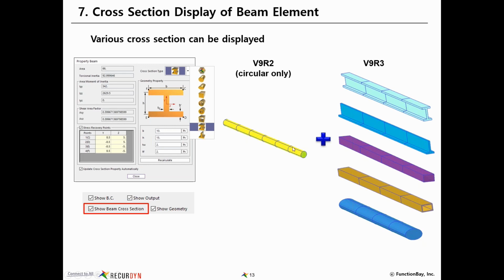This is just a visual feature; the physics was included previously. Now we have the option of visually showing what these different beam elements look like, including I-beams for different cross-sections. It's just a checkbox that you click to show the beam cross-section.